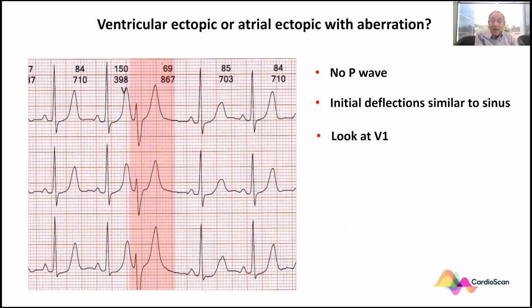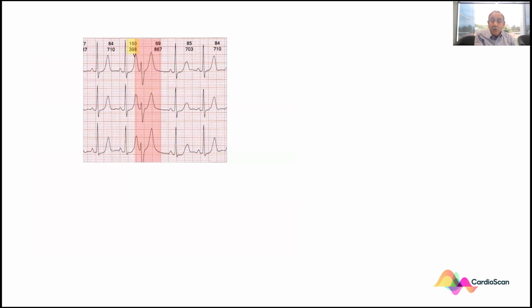We look at V1, which we do not have in this case, and it usually has a right bundle branch block. And we look for later atrial ectopics to confirm whether this is a ventricular ectopic or an atrial ectopic with aberration. So let's take this case and look at some other ectopics that occurred.